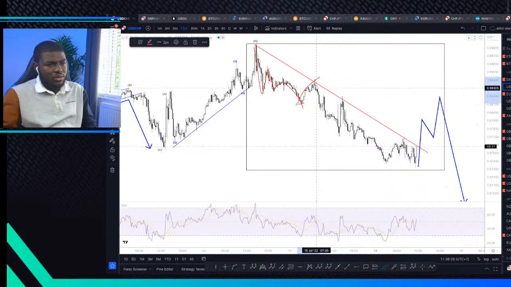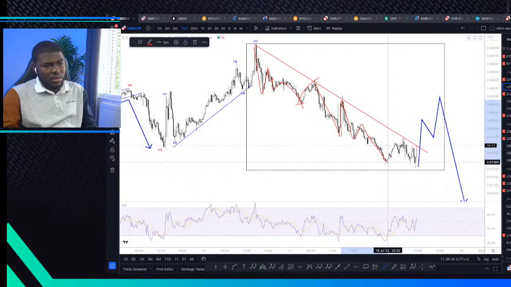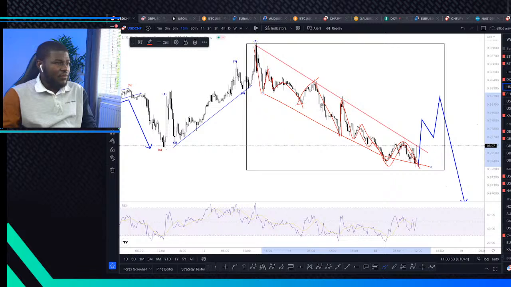Then a correction to the upside. We have an impulse to the downside here. Then we have a correction upside, wave 1, wave 2, wave 1, 4, because this is 1, 2, 3, 4, and this is a 5. So what is obvious here is that there's an impulse that has completed around here and it's going to be followed by a correction.